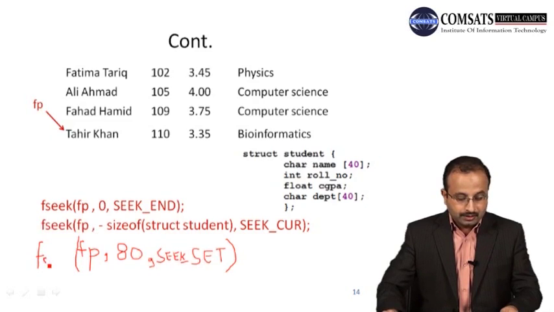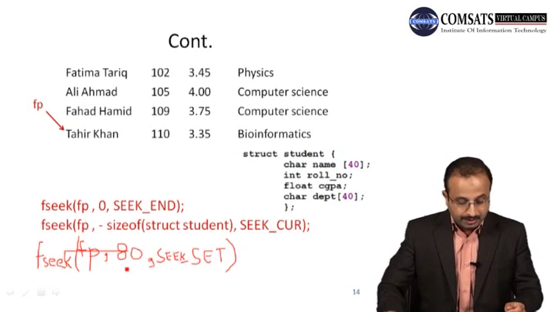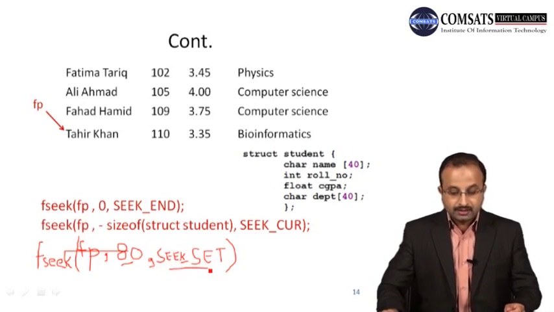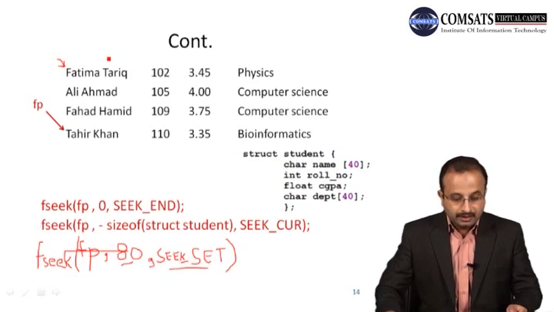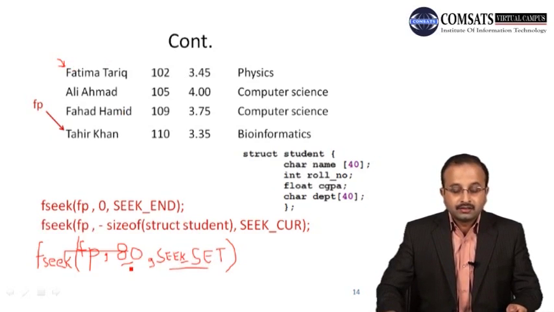So if we call this function like this, what will happen? Currently the file pointer points to the last record, that is Tahir Khan, right? If we execute this fseek, the second parameter is 80, the third parameter is SEEK_SET. SEEK_SET means move the pointer to the beginning of the file, so it moved the pointer to this position, and then it adds 80 bytes.